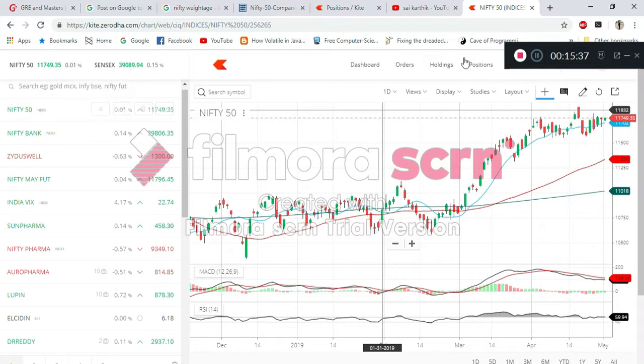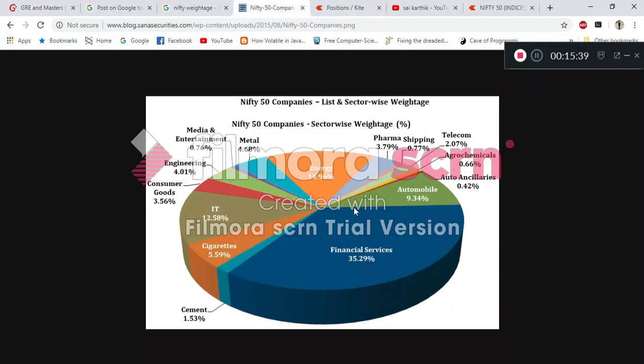But the stocks inside the Nifty need not move by only 1 or 2%. Some stocks move by 5%, some stocks move by only 1%. But still the overall index will be up by only 1%. And some will be down, of course.